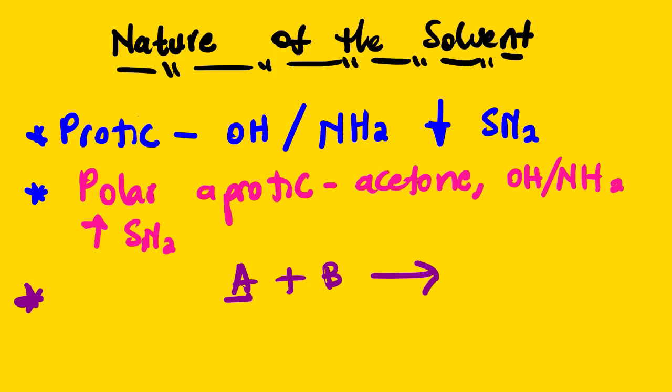It might be acetone or anything that has OH or NH2 within that solvent. You should know that this will represent the solvent, and then you are given the leaving group and the product. You should check whether it speeds up the SN2 reaction or slows the reaction down. So you should also check whether it is polar aprotic or protic.